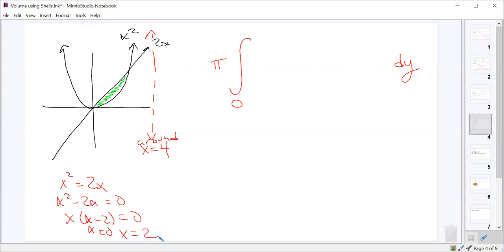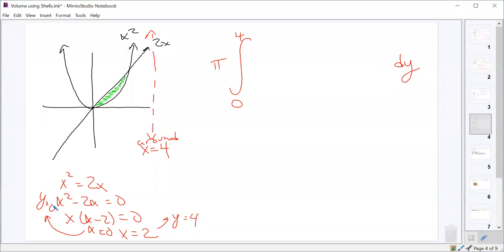But those are x values. We want y values. So 0 squared, that's 0. 2 squared, x equals 2, we'll say y equals 4, x equals 0, y equals 0. Everybody good, Zoom? Good.